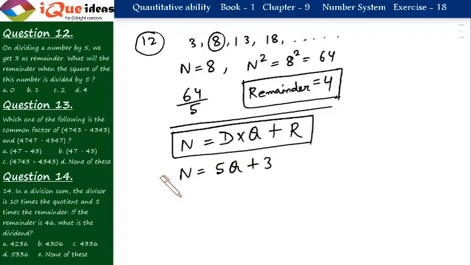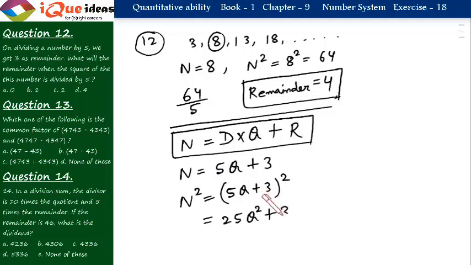Now n square would be the square of 5q plus 3. If you open this square, using a plus b whole square, you will get 25q square plus 2 into 5 into 3, so a square is 25q square, 2ab is 2 into 5 into 3, which is 30q, plus 3 square, which is 9. So n square has become 25q square plus 30q plus 9.